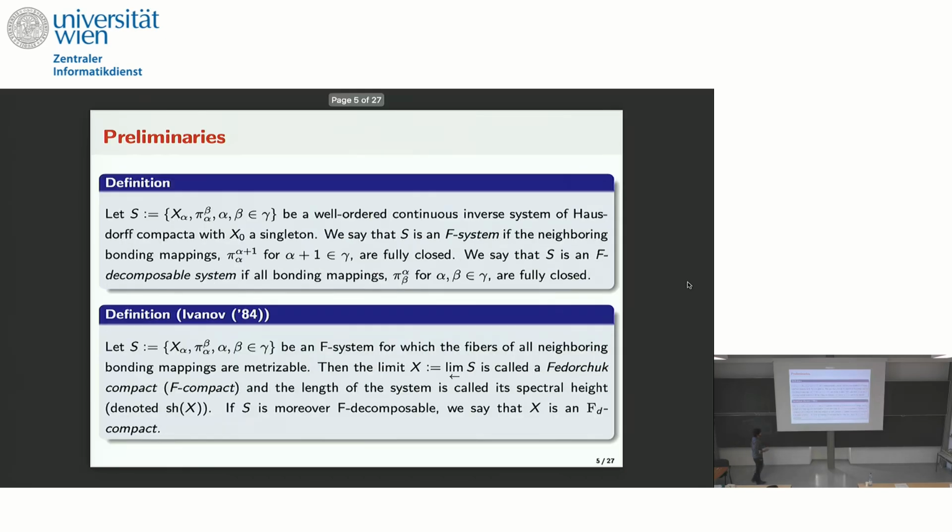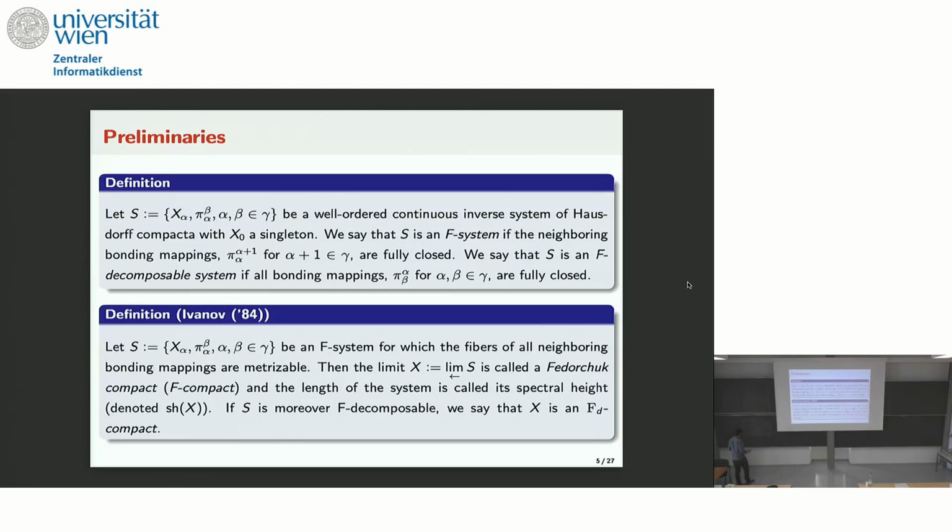So what he actually did is he performed this construction iteratively. He constructed inverse systems where at every level the mapping between the first space and the next one is fully closed. Then you continue this process and you obtain an inverse system which we'll call an F system.